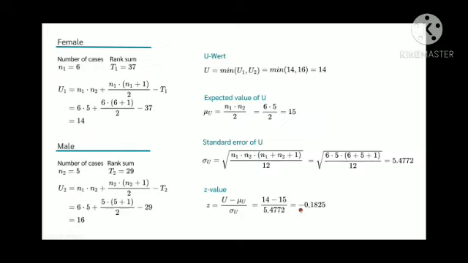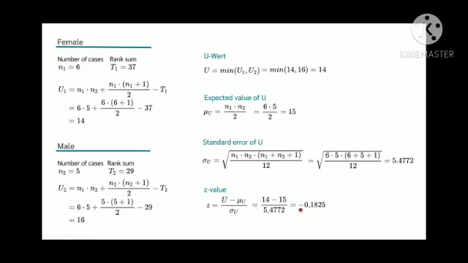Group 1 has 6 members and group 2 has 5 members. So 6 times 5 plus 6 times 6 plus 1 divided by 2 minus 37. The result is 14.